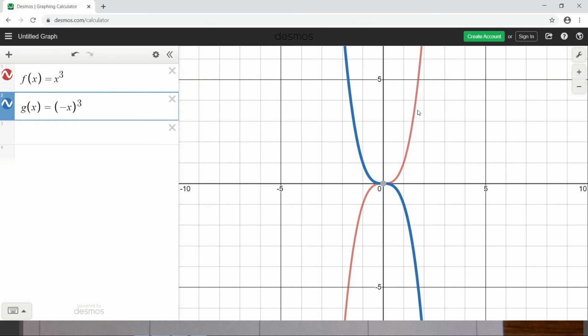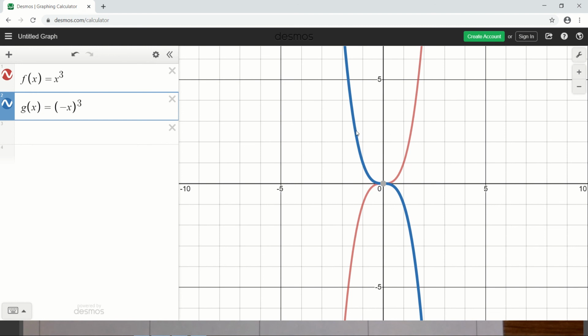I'm going to say that the original is red, the transformed is blue. I'm going to say that the blue is a y-axis reflection of the original function. Now, you could also argue that it is an x-axis reflection. I could reflect red over the x and get blue. I can reflect red over the y and get blue. Either one is a valid argument.